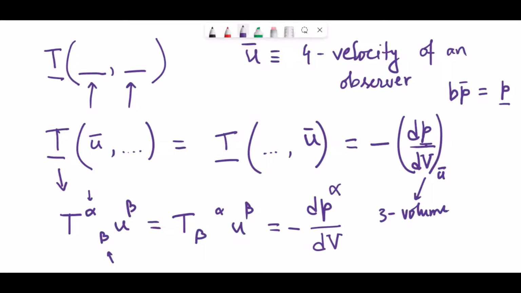So then I should have also made a correction here where I would have got a momentum 1-form, or the component of the momentum 1-form, and similarly I could have written T alpha beta both lower indices, and here T alpha beta both lower indices.